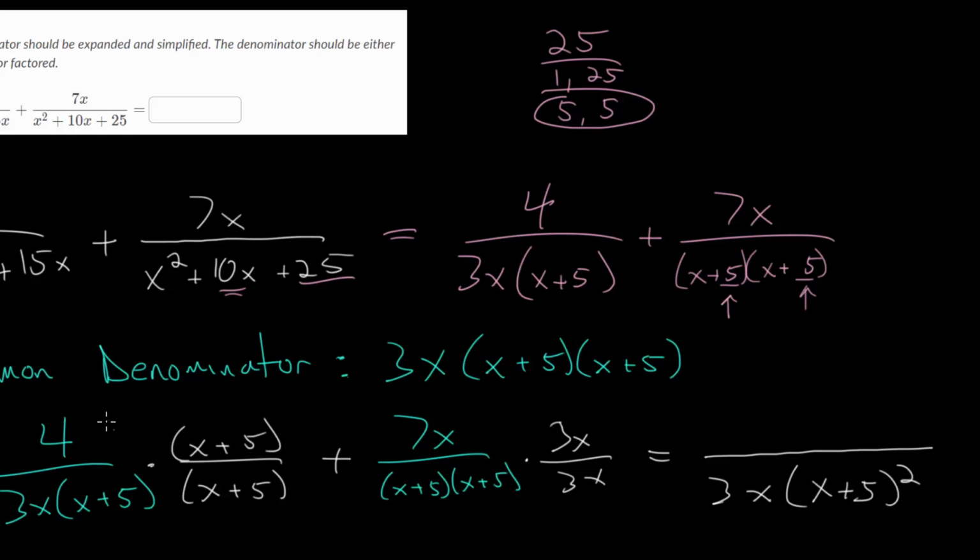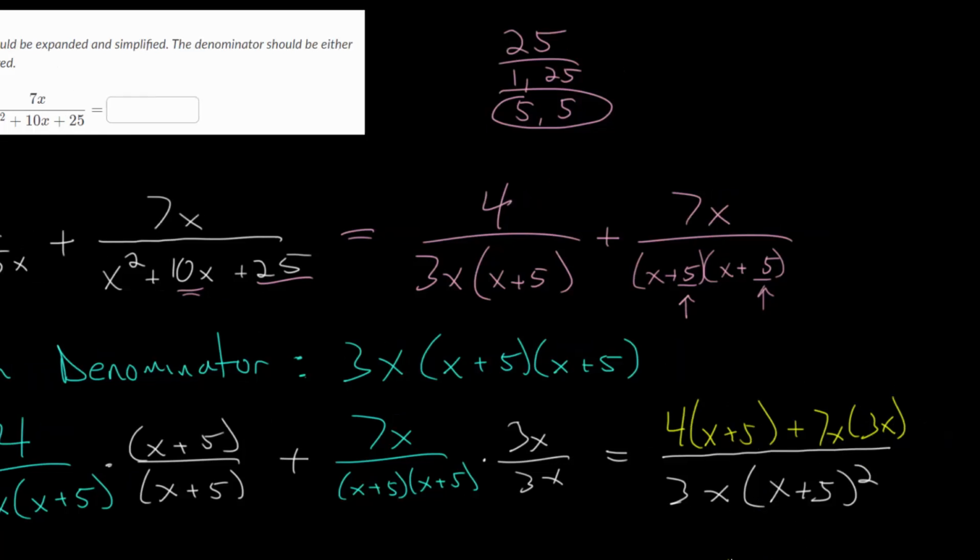Now up here we have 4 multiplied by x plus 5, and here we have plus 7x times 3x. And we just need to fully simplify this.